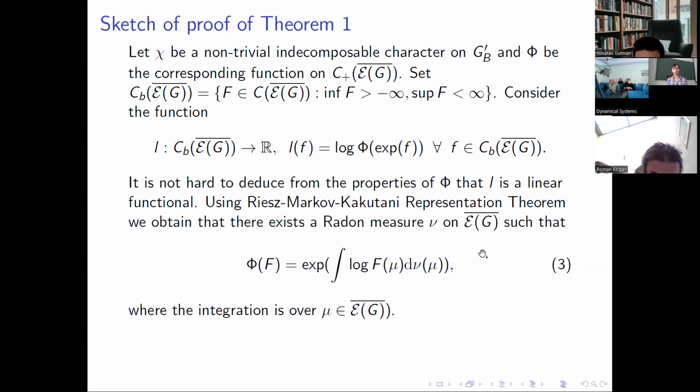So this is a bit messy object. We have space of ergodic measures, and on this space we are finding some measure to obtain this formula.